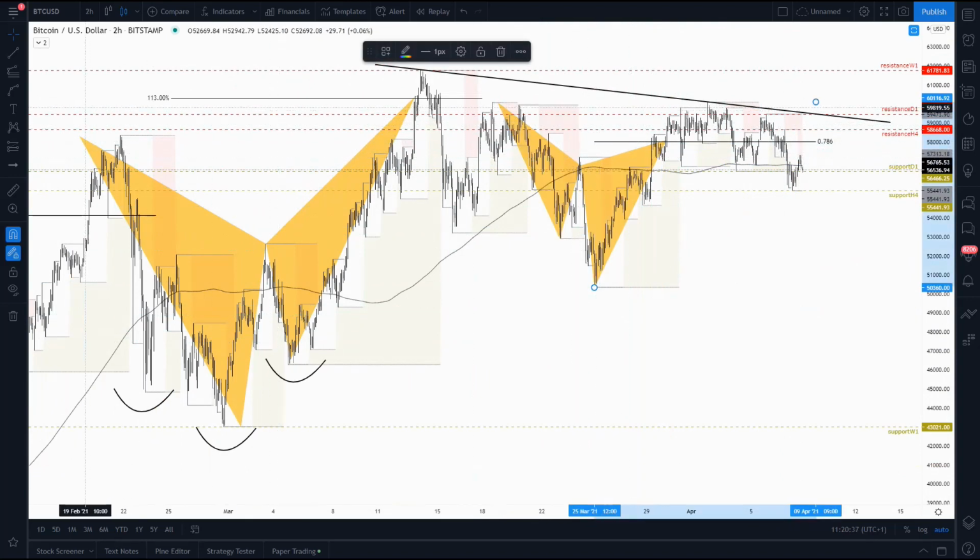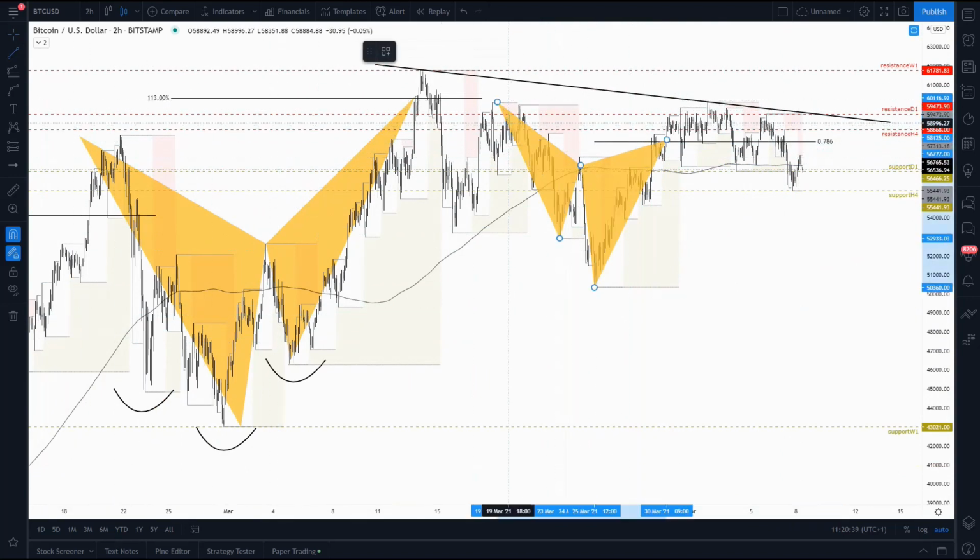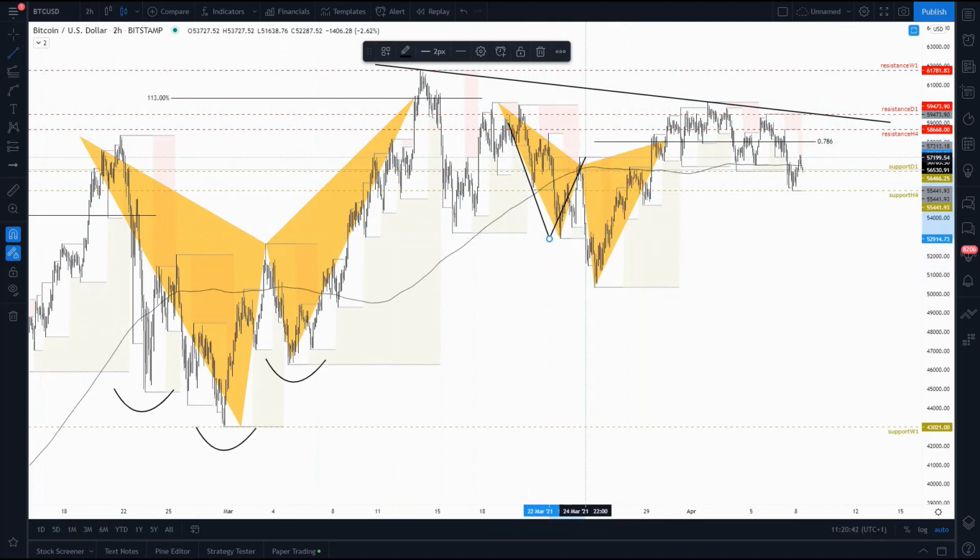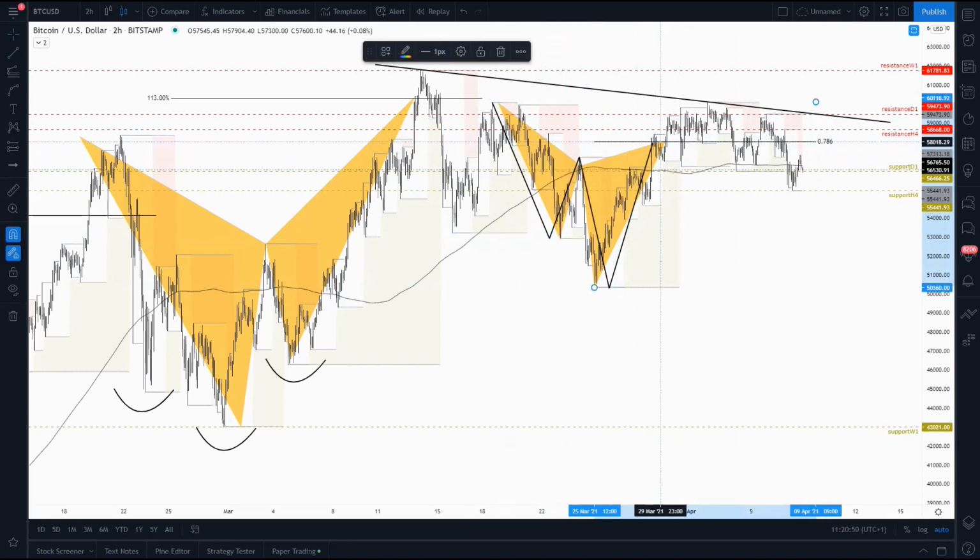The bearish cipher pattern is usually formed by 4 major swings, as you already know, and basically we search for that 78.6 to be reached in order to complete the pattern. Once the market completes the pattern, we expect a retracement.